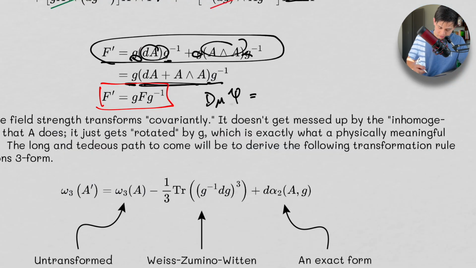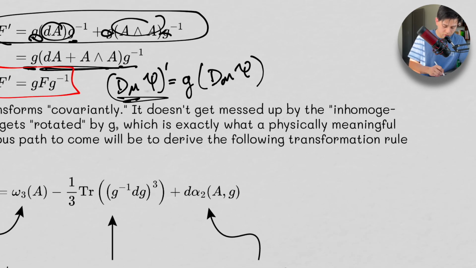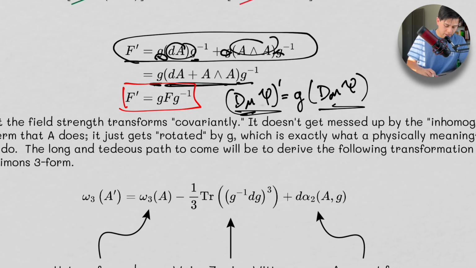So this is like a transformation of d mu, a transformation for our covariant derivative. This is what our covariant derivative has to look like in order for something like this to happen.